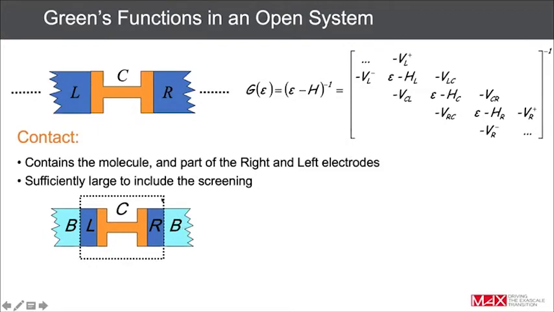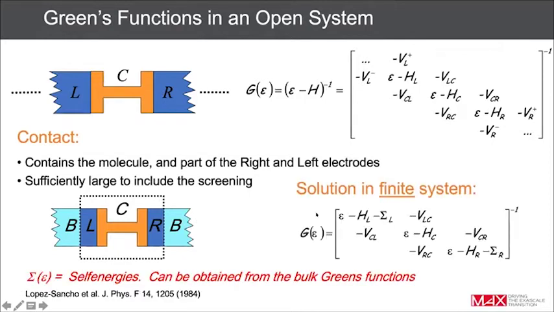You can do that if this contour is deep enough into the bulk of the electrode. And in this case, the Green's function can be computed solving this finite matrix, which has the size of the number of orbitals in the contact region, and all the effect of the right and left electrodes are given by these matrices, sigma L and sigma R, which are the self-energies of the right and left electrodes.